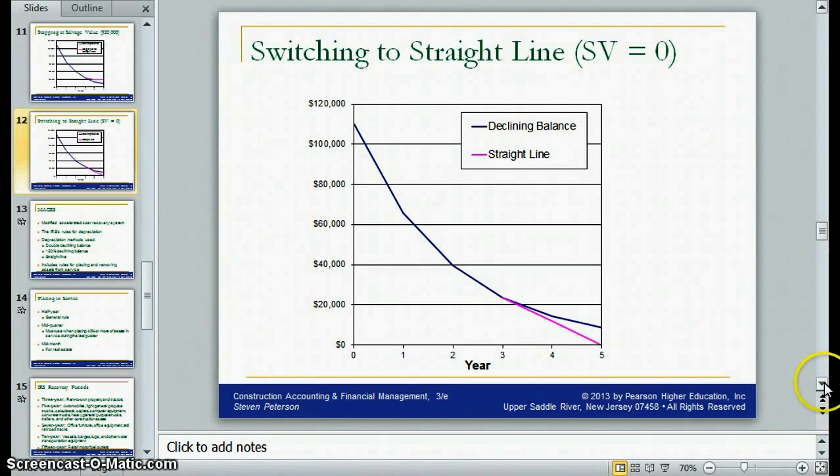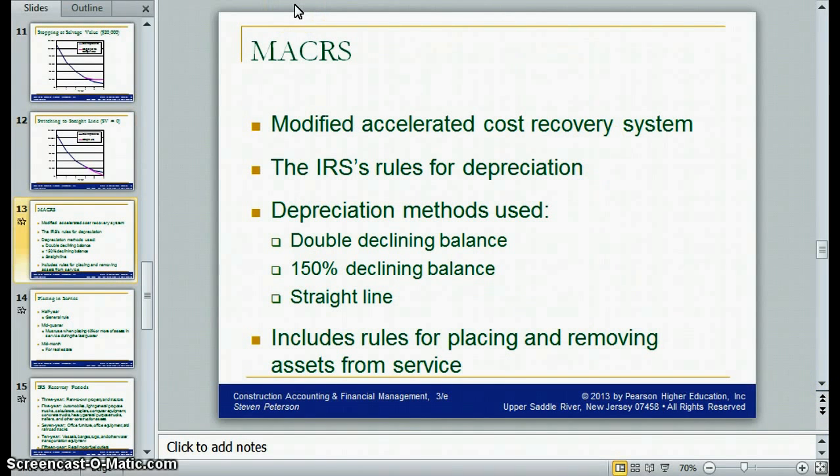Okay. The last method is the Modified Accelerated Cost Recovery System, or MACRS, also known as the IRS method. This is the method that is used by the IRS, and you can see here that it is actually a combination of the declining balance method and the straight line method.